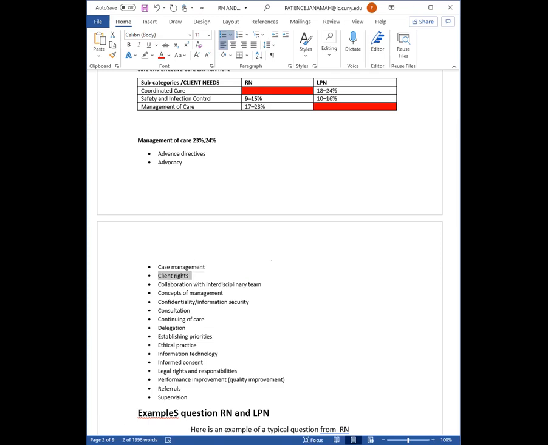If you are taking care of a patient, you should know that you are a coordinator to the social worker. You are the one who will contact the psychiatrist. You are the one who will contact your other nurse to give report, to endorse patients. So that's coordination of care. Interdisciplinary team is for you to be able to move as an RN and take a decision. Oh, this patient needs a social worker referral.